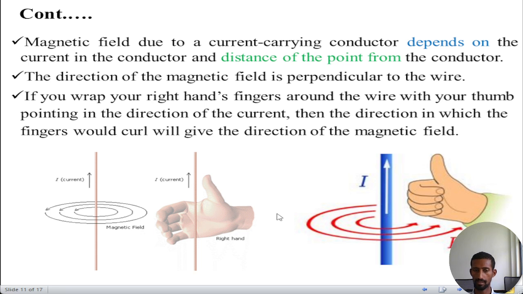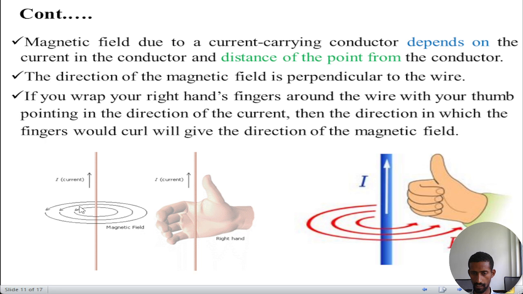rule. As you can see here in this image, if you wrap your right hand's fingers around the current carrying wire and your thumb indicates the direction of the current, then the direction in which the fingers curl will give you the direction of the magnetic field.